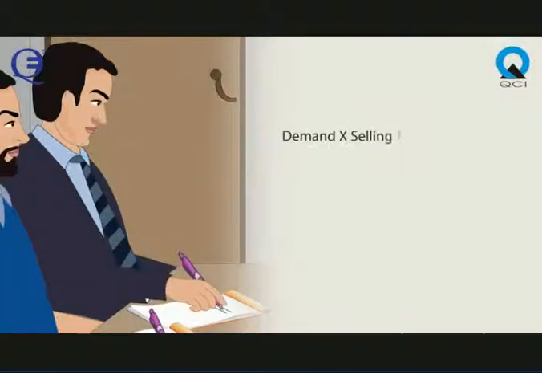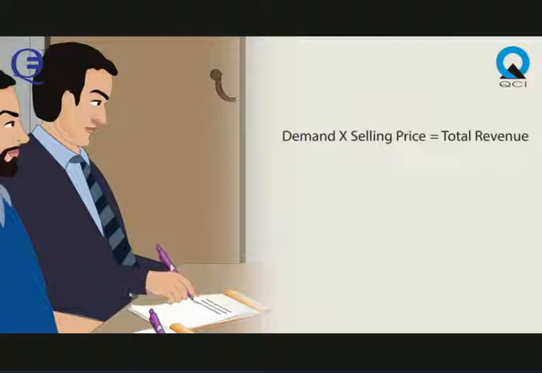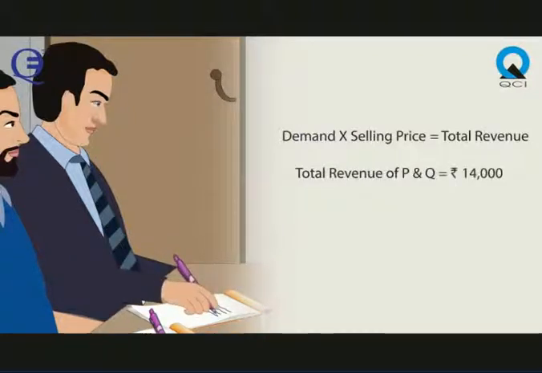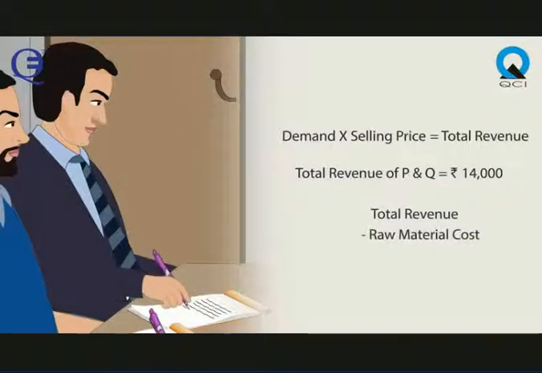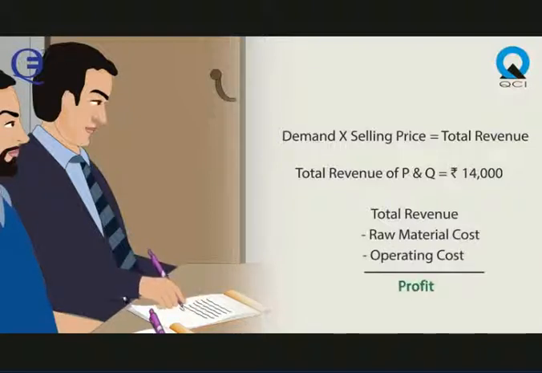Demand multiplied by the selling price of P and Q, and sums it up. It comes to a figure of 14,000 rupees as revenue. From this, he says, if I minus my raw material cost, if I minus my operation cost, I will be able to make a profit.